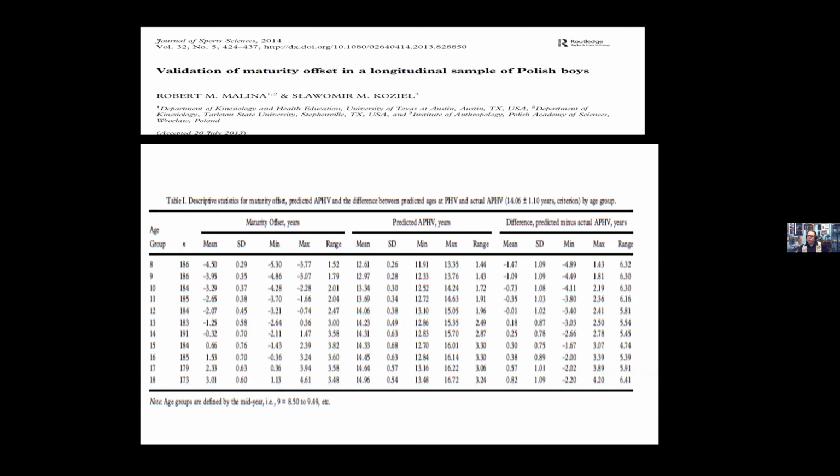Now, this is also being discussed by other authors, and Bob Molina did some work with some Polish boys. I've taken the table here, so he did exactly the same. He looked at our equation. This is a longitudinal sample.